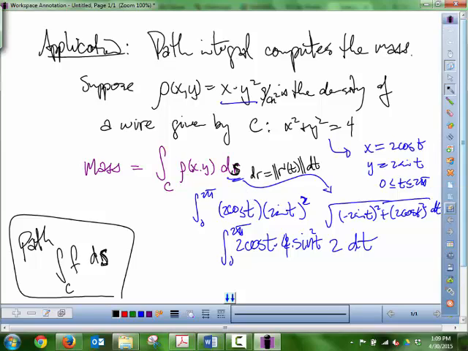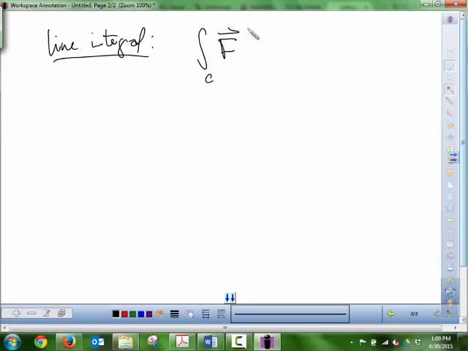A line integral is an integral that takes a vector field as the integrand and dots it with ds, the tangent vectors.